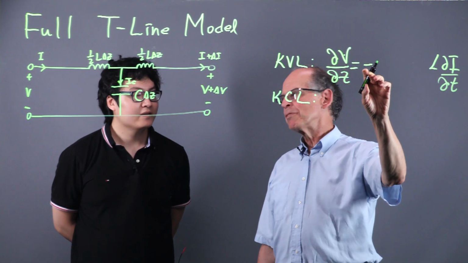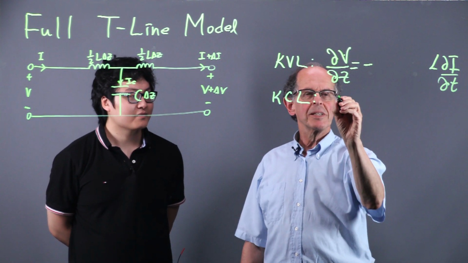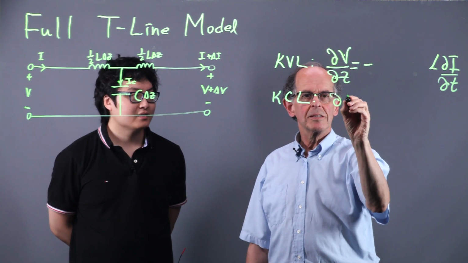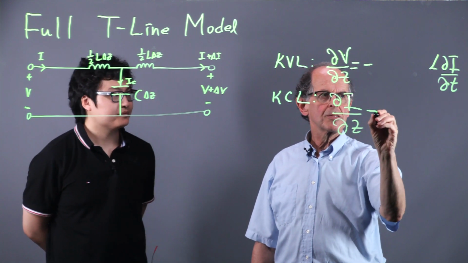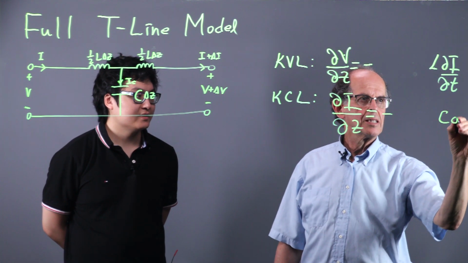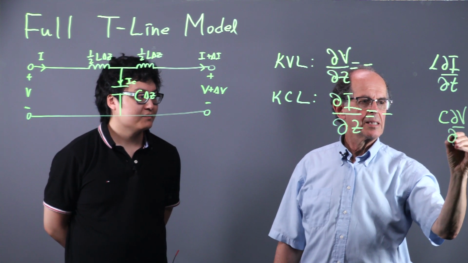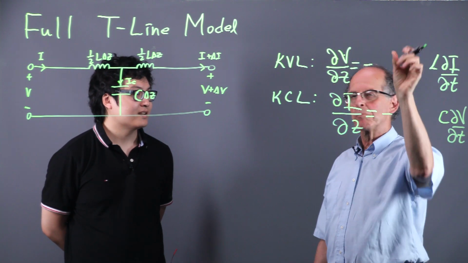And I've left a big blank here because we're going to fill in the blank. The other equation, from KCL, is di/dz equal to minus C dV/dt. So we're going to fill in some blanks here.